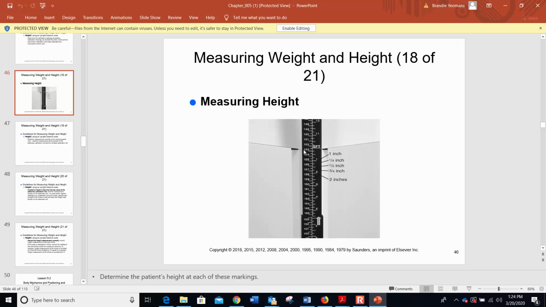And you can see in your textbook it walks you through a procedure of measuring height and weight, and that just makes it a little bit easier for you as well. There's also videos on the Elsevier website that walk you through measuring height and weight, as well as some activities that will actually show you how you're doing with your weight.